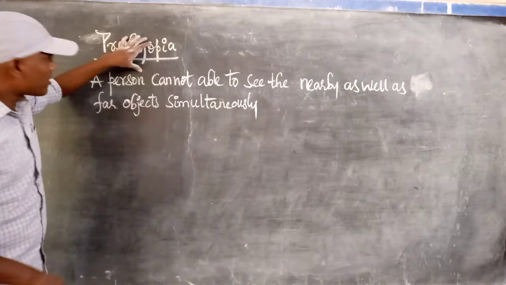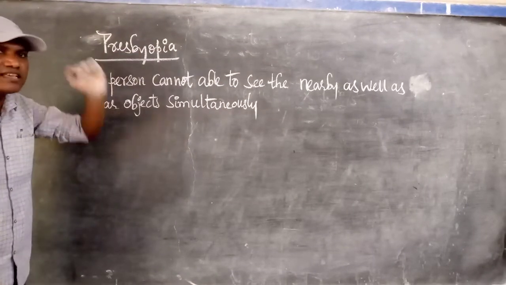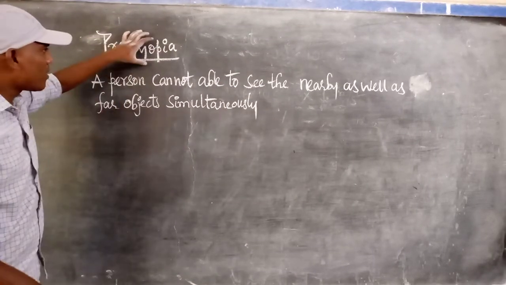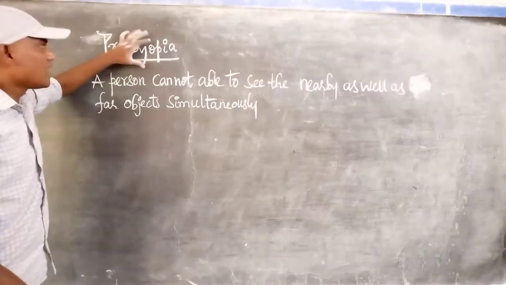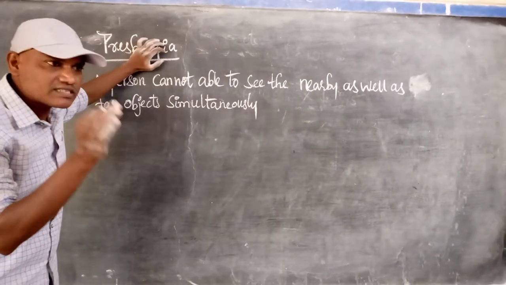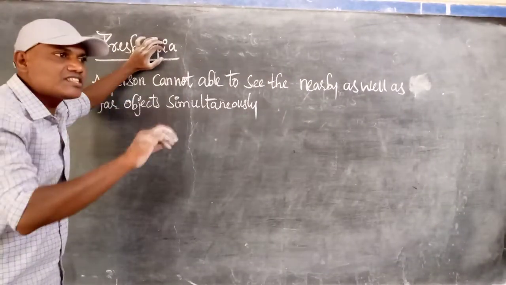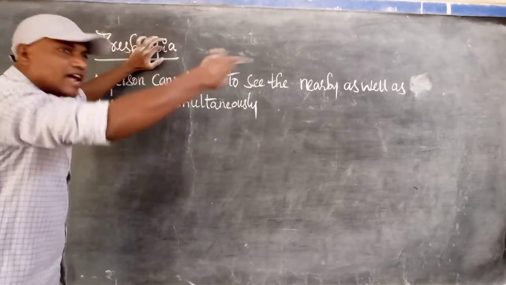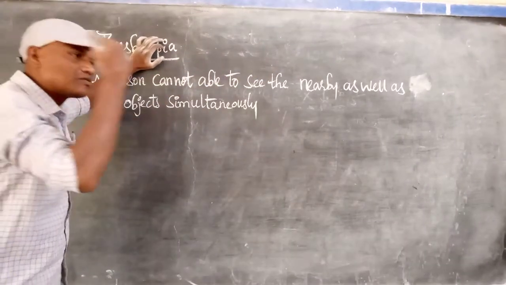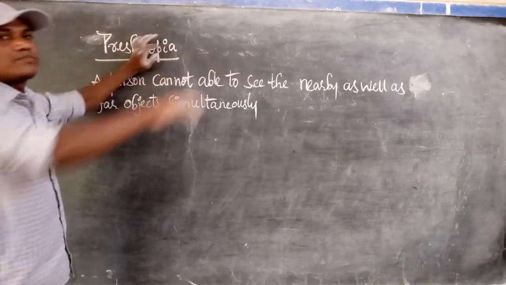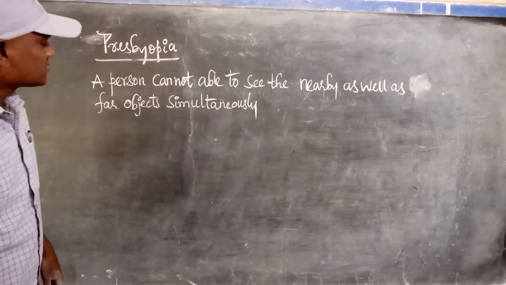But in presbyopia, a person suffering from this eye defect cannot see far objects and nearby objects at a time. They are not able to see near objects and far objects simultaneously.